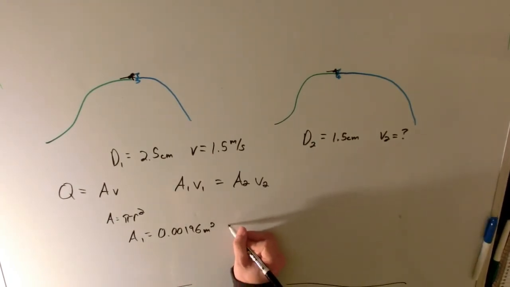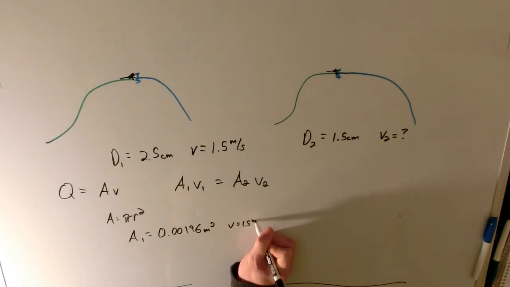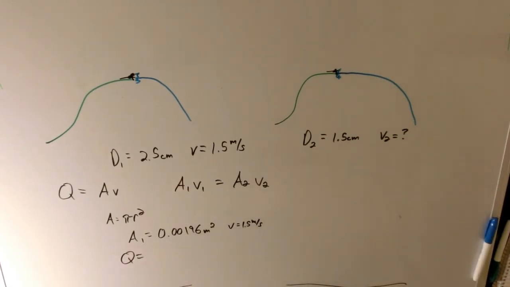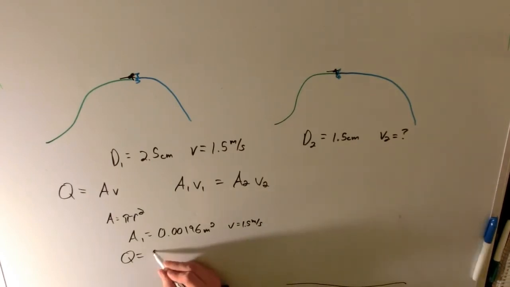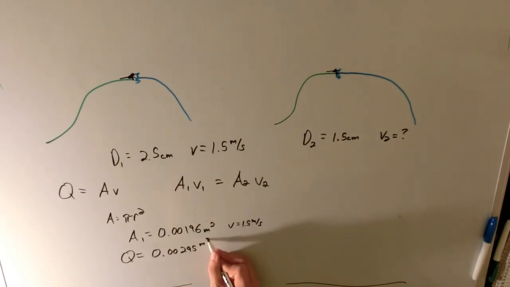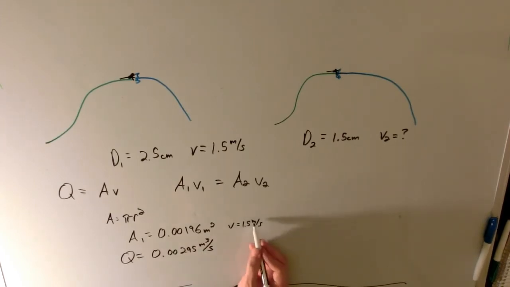And we know that our velocity is 1.5 meters per second. So our flow rate, area times velocity, is going to come up to 0.00295 cubic meters per second. Meter squared times meter per second gives me cubic meters per second.